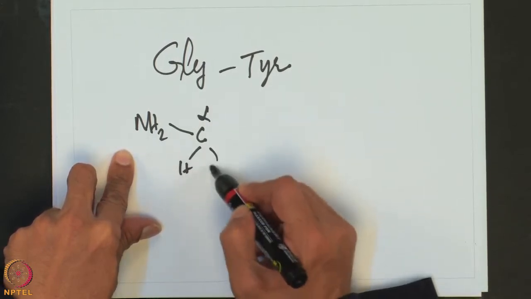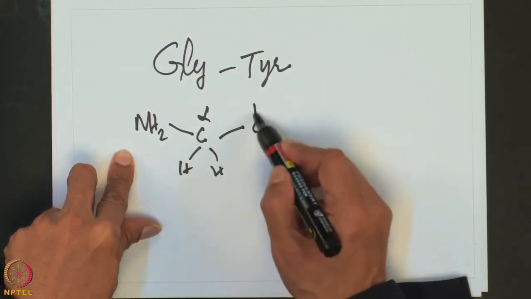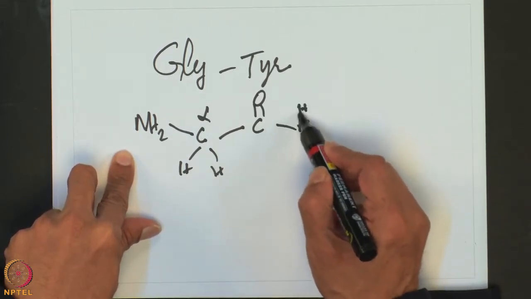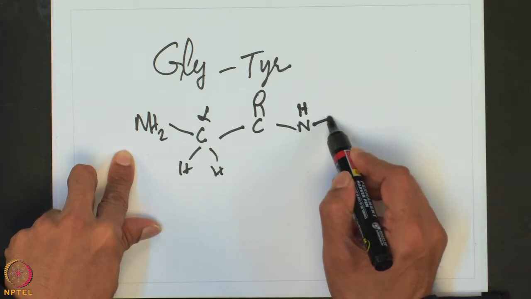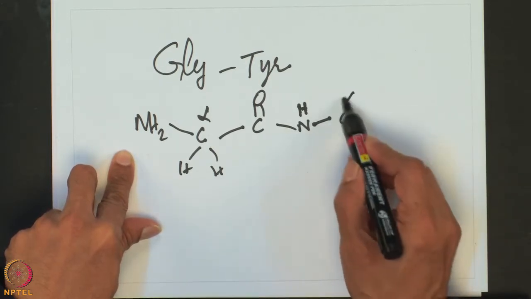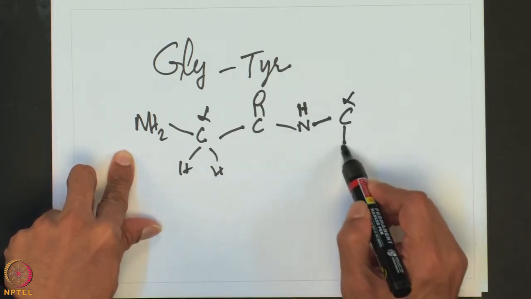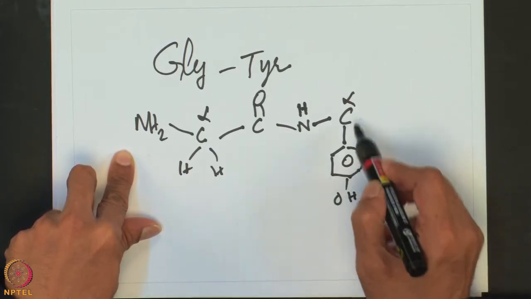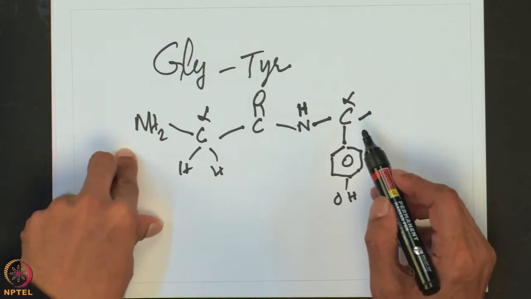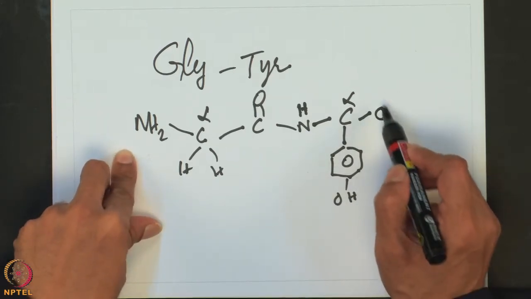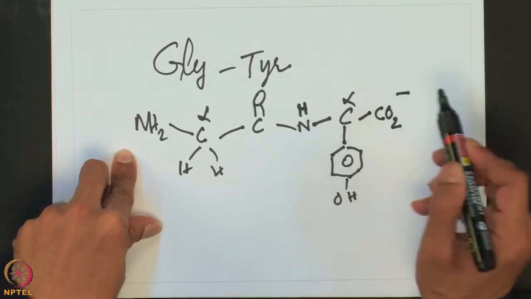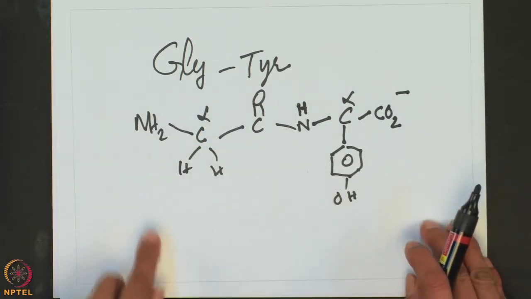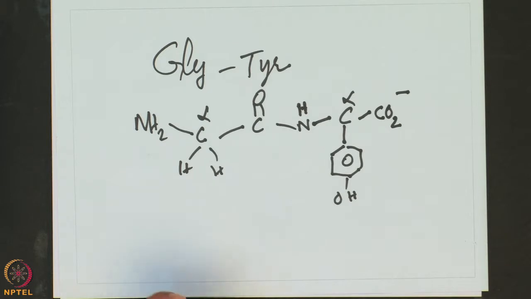Since it is glycine, it will be CH2, and CO, then NH, and then C alpha. Here, since it is a tyrosinyl, you will have OH, and you will have the next group, which is the CO2 minus. So, this is the amine terminal, this is the carboxyl terminal, this is the glycyl tyrosine.